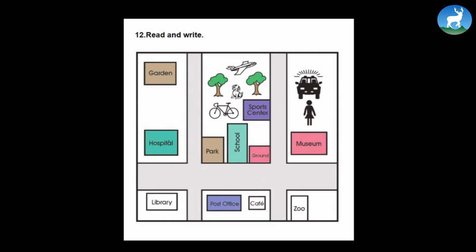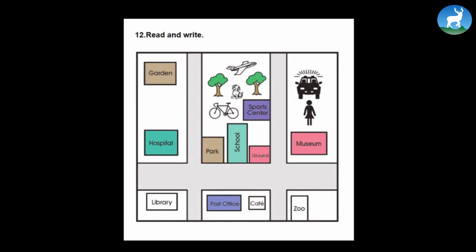Alright, so what I want you to do is observe the map. His garden, his hospital, trees, his dog, a plane flying, sports center, school, park, ground, hospital, museum, library, post office, cafe, and zoo. Let's observe this very closely. Alright, so this you'll be doing as the homework, by the way. And here is the question then.